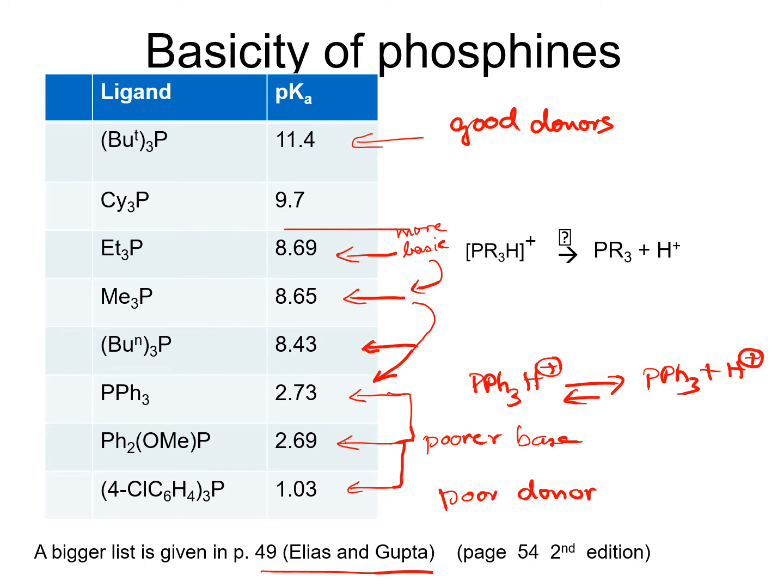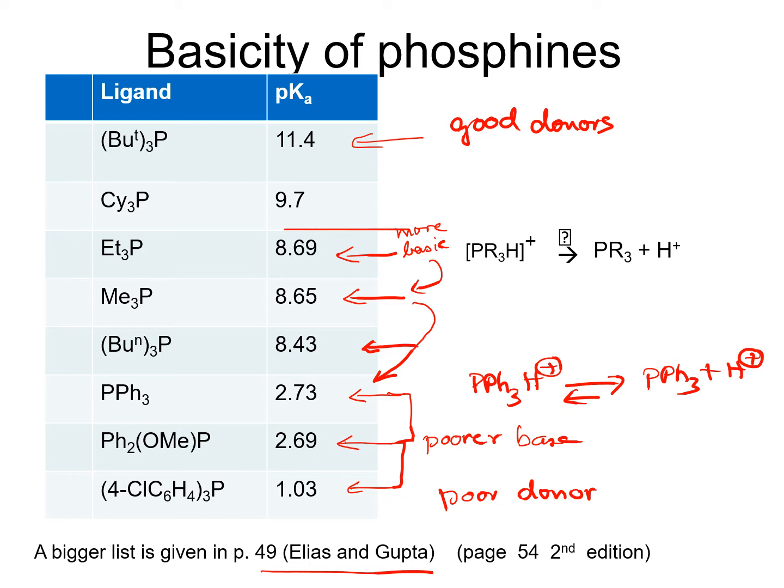So let us now look at a second measure of the basicity of phosphines, the second measure of the donor capacity of the phosphines. If the donor capacity is very good, then in the equation shown here, that is the protonated phosphine dissociating to give you the free phosphine and H plus, this equilibrium will lie almost on the left side.